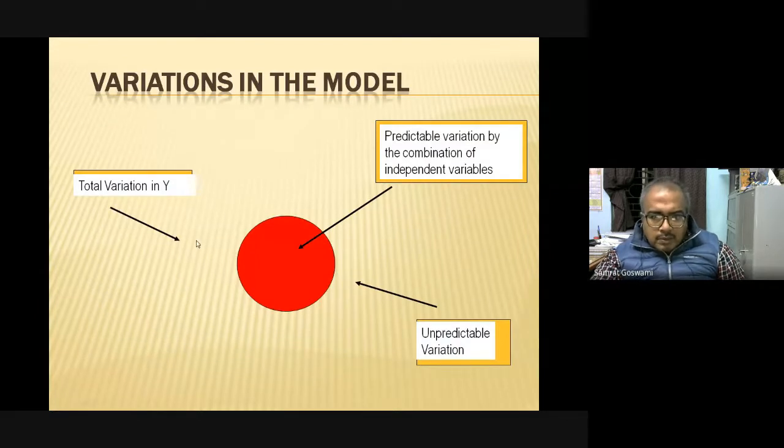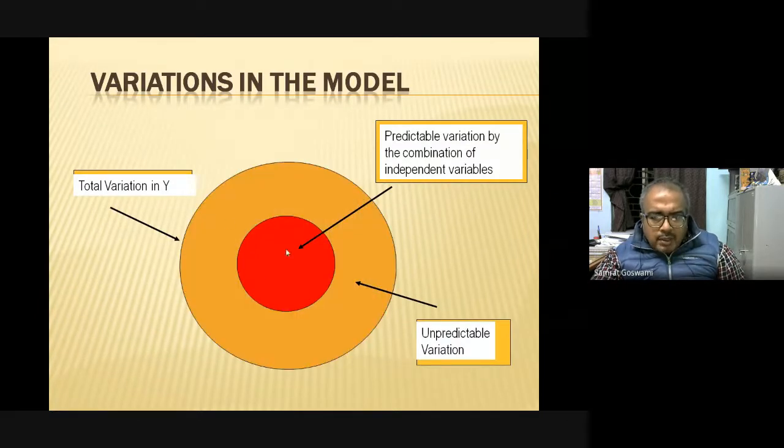Now, the total variation in the dependent variable may be due to the predictable variation by the combination of the independent variables. So you have defined the independent variables. They may vary, and that variation may lead to part of the total variation.